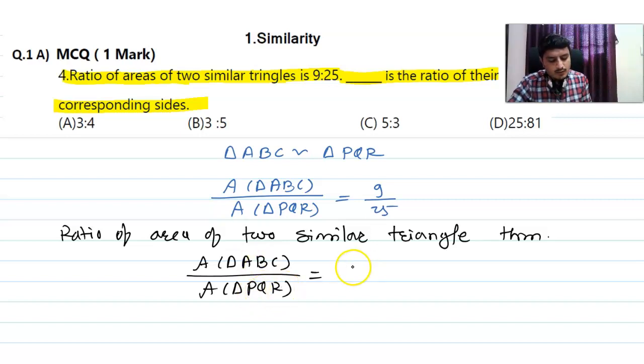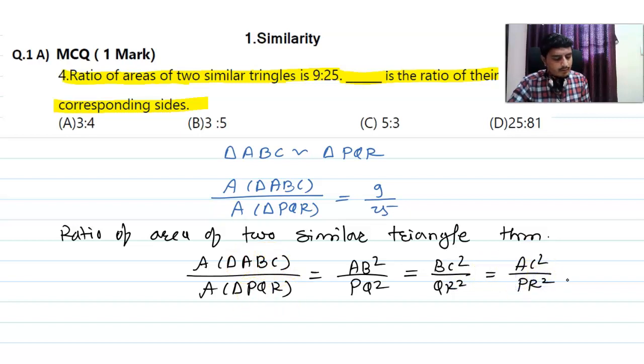So AB corresponds to PQ, so we get AB square divided by PQ square. BC corresponds to QR, so BC square divided by QR square, or AC corresponds to PR, so AC square divided by PR square.